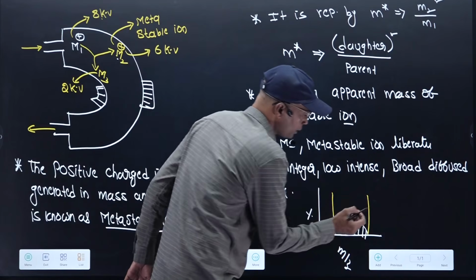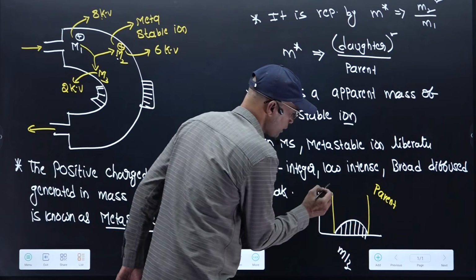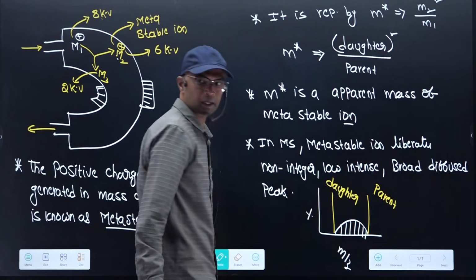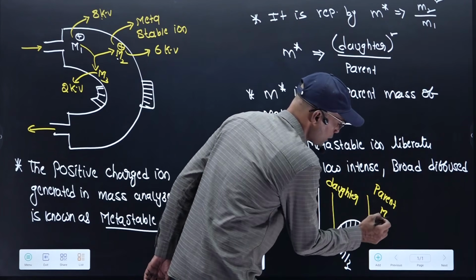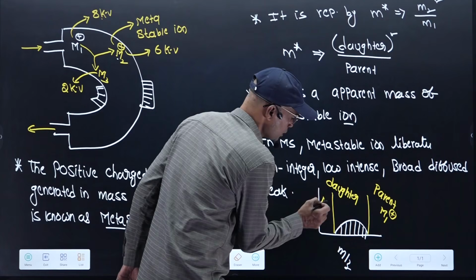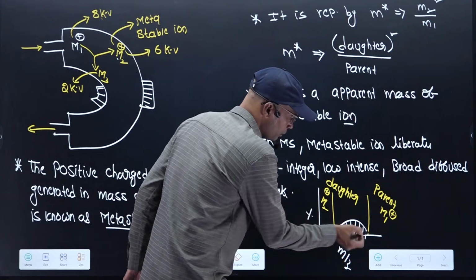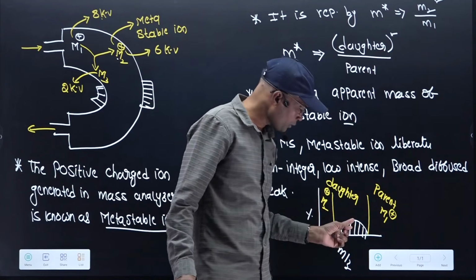Most commonly, this may be the parent and this is the daughter. What about this parent? M1 plus. And what about this? M2 plus. Between M1 and M2, in the middle, if you calculate this data, you will get a peak there.